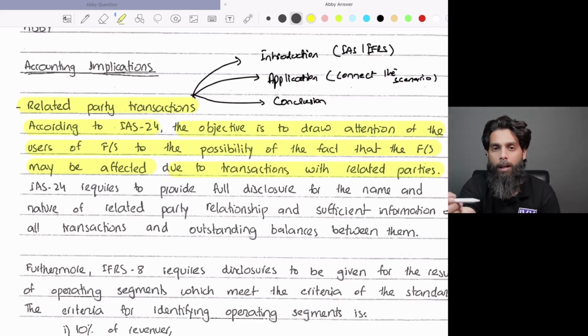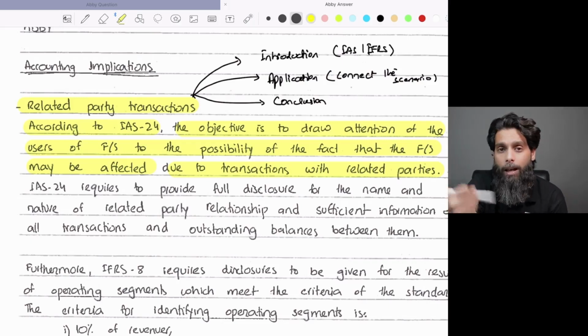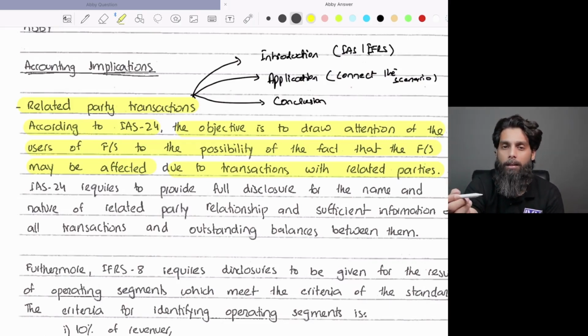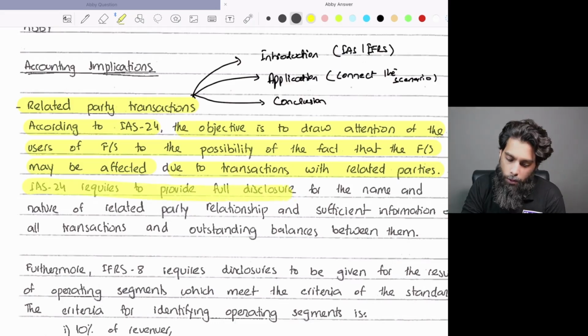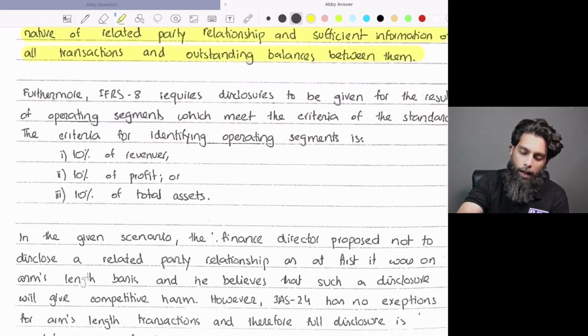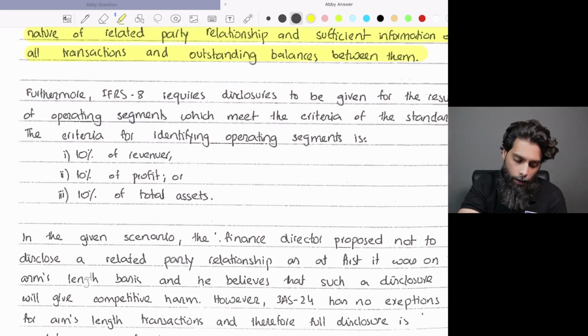Whenever I teach you something, I try to repeat things again and again, so that eventually you remember the accounting standard by heart. IAS 24 requires you to provide full disclosure of the name and the nature of the related party relationship, and sufficient information on all transactions and outstanding balances between them.